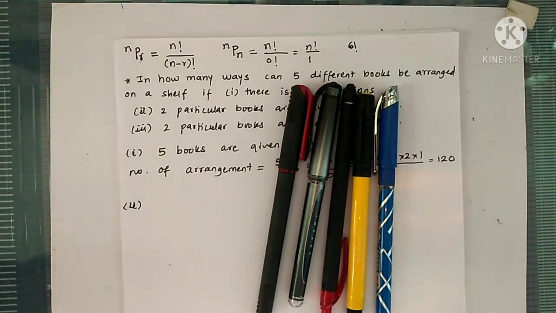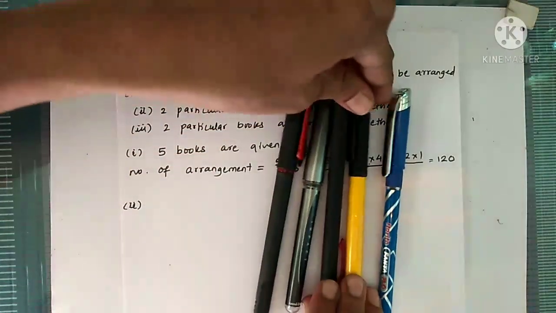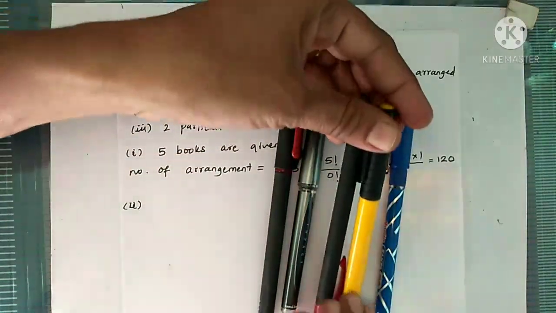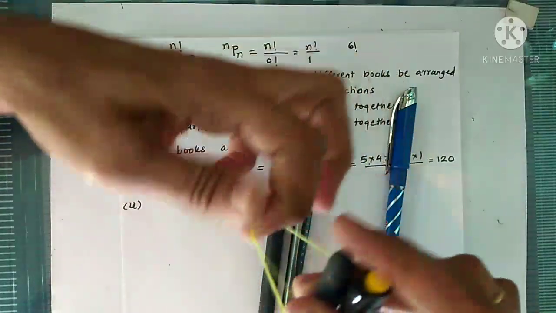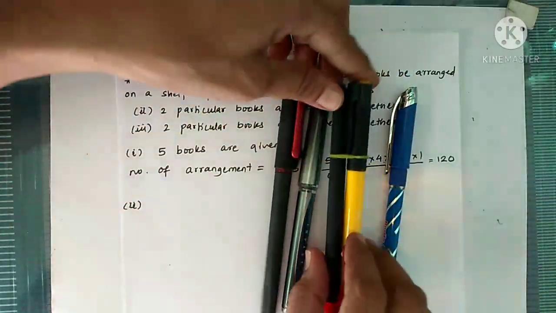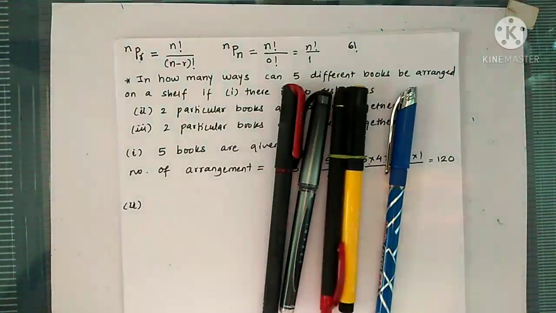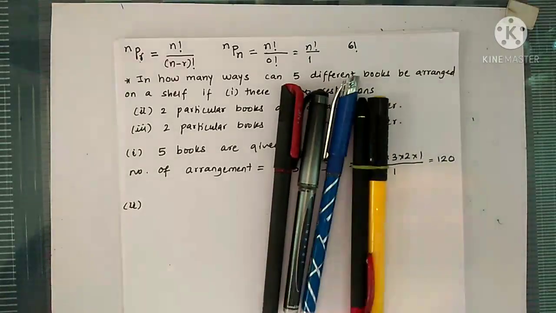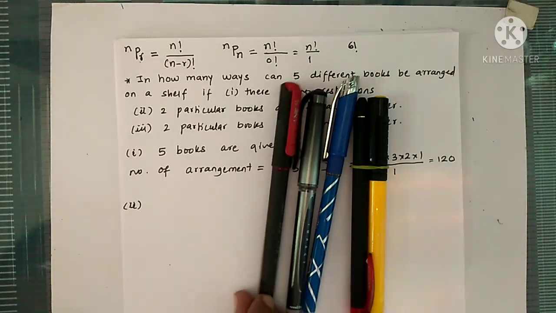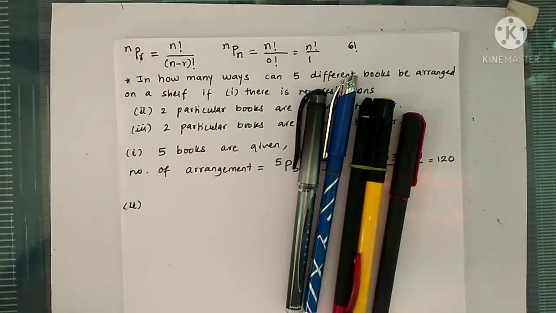Now we want 2 particular books to be together. If I want these 2 pens to be together, so let's tie them together because I want them together. See now, whenever I place them like this, those pens are together. If I place this pen here, then also these 2 are together.